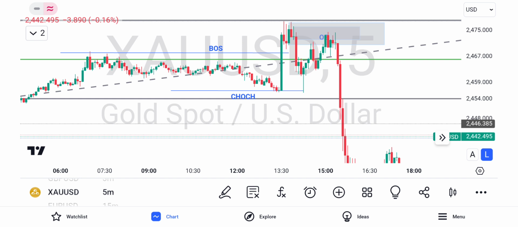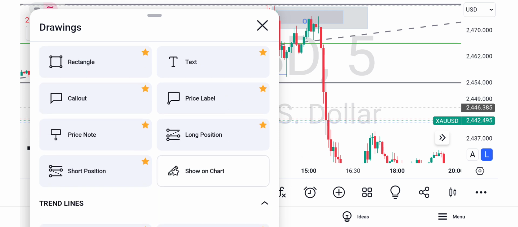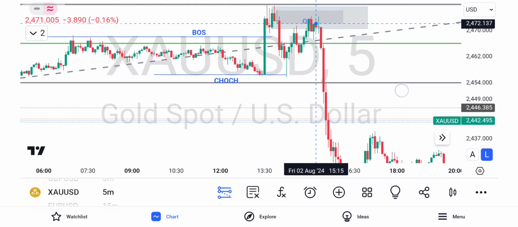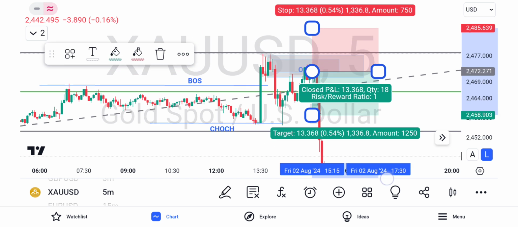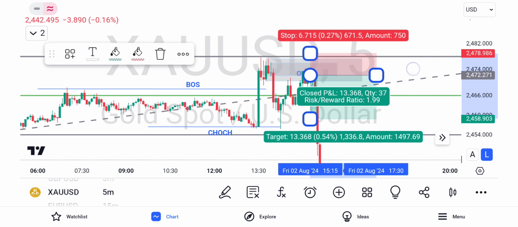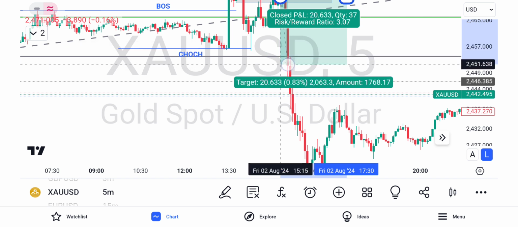Guys, look at the move. Definitely your stop loss is going to be somewhere here, and remember, your take profit will always be above.